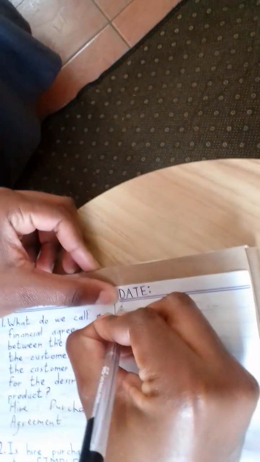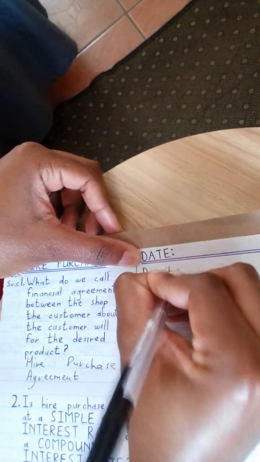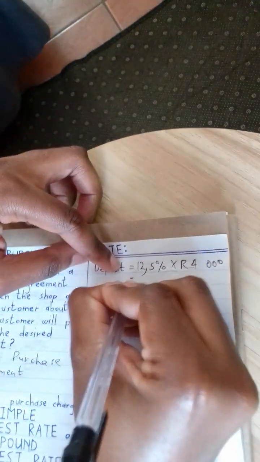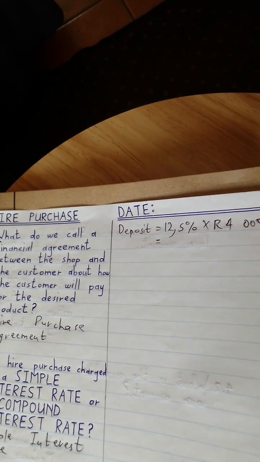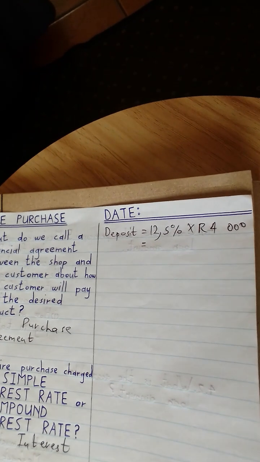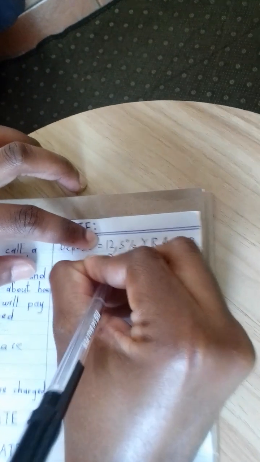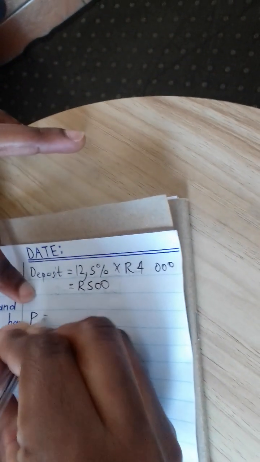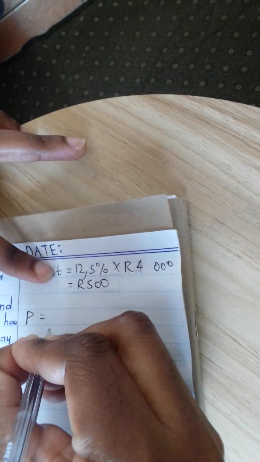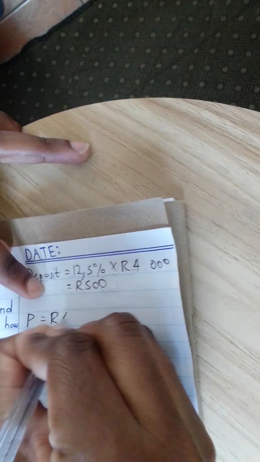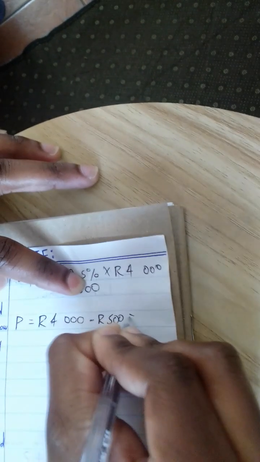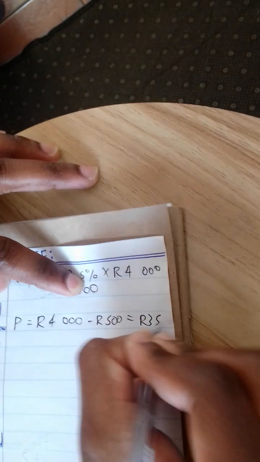So the deposit is 12.5% times 4,000, which is 500 rands, right? So the principal amount is the cash price or the cost, which is 4,000 rand, minus the deposit, which is 500 rands. So it's 3,500 rands.